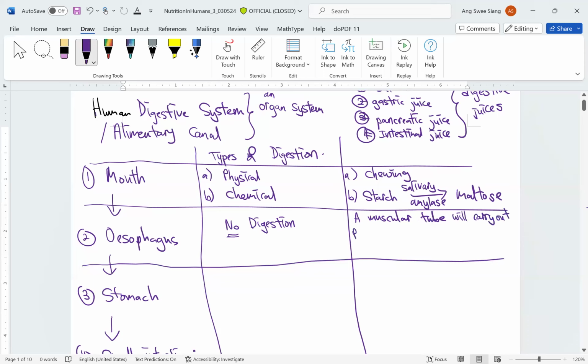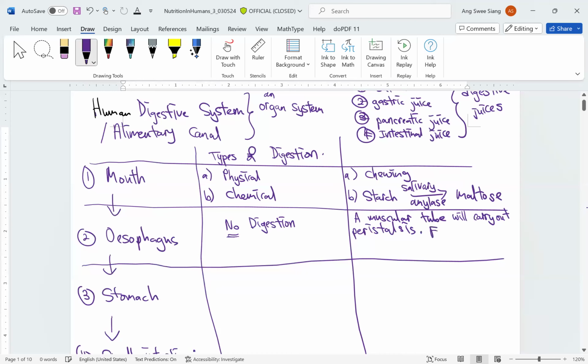peristalsis. Peristalsis is what I just mentioned. That means when the muscular wall of the esophagus contracts and relaxes, they will push the food boli down. So the muscular tube will carry out peristalsis.